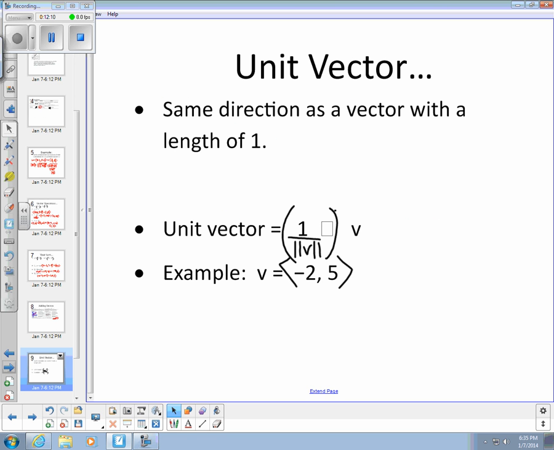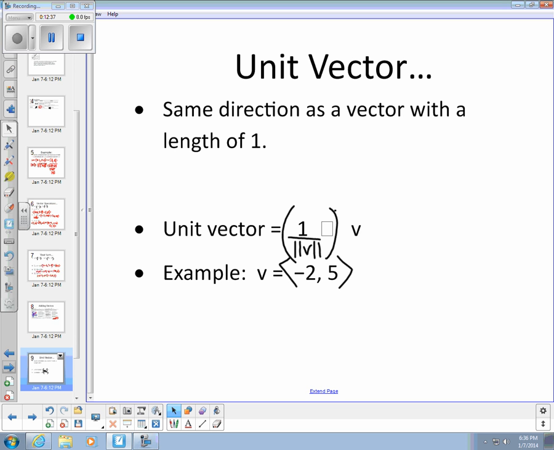Okay, one last thing that we need to cover in this section is called a unit vector. A unit vector is a vector that goes in the same direction as the vector you're given, but instead of a length of 5 or 7 or whatever the length is, we want the length to be 1. Okay, so a unit vector is a vector of 1 unit length.